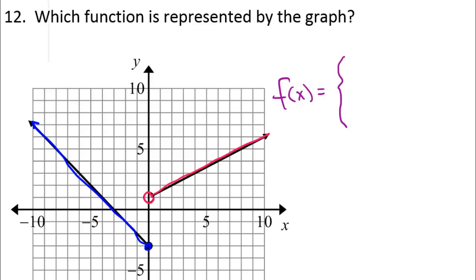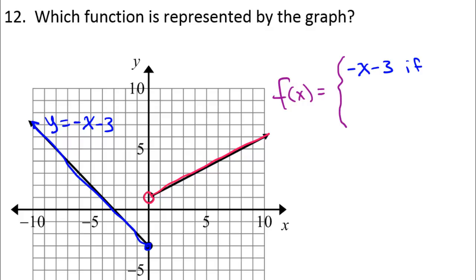All right, so for the blue part, think y equals mx plus b. See how this is just going down 1 over 1? So that's a slope of -1, so I'll just put negative x. The y-intercept is here at -3, so that makes it negative x minus 3. So I have negative x minus 3 here.